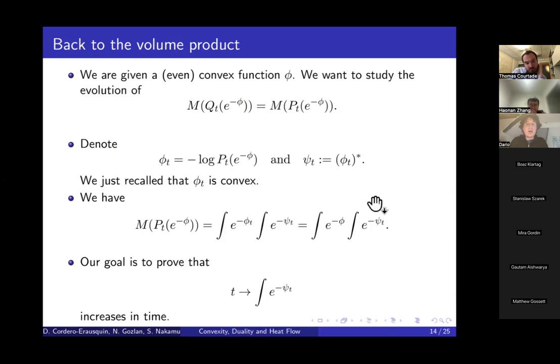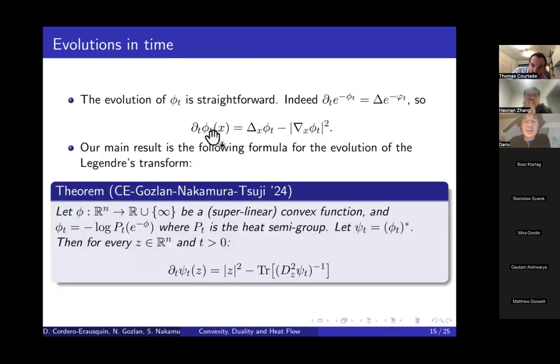So the evolution of phi_t is very simple, because e to the minus phi_t follows the heat flow. So you have that the time derivative of phi_t verifies this Hamilton-Jacobi-Bellman type equation, which is the Laplacian of phi_t minus the squared gradient of phi_t.